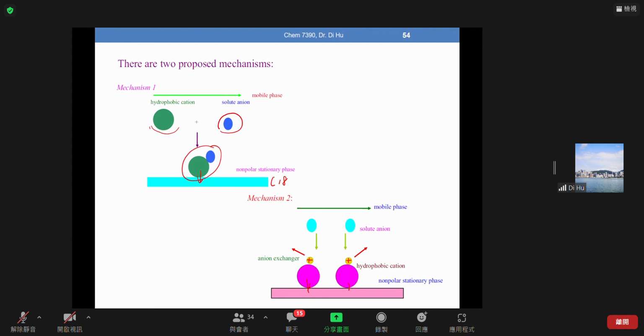Now it makes them a pseudo ion exchanger, right? Because now the stationary phase becomes charged, in this case positive, so it can retain ions. They bind first strongly to the stationary phase, and then cause a charge on this surface, and then the separation just happens. So you see this one.